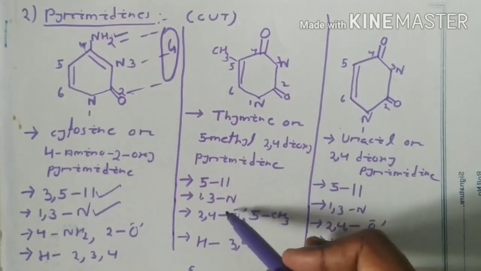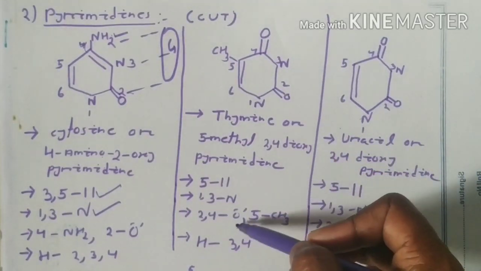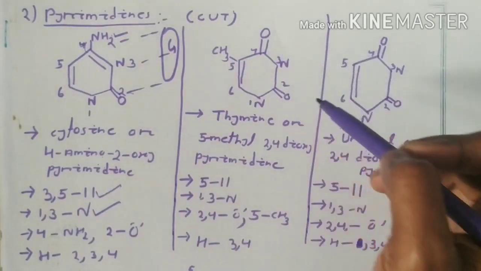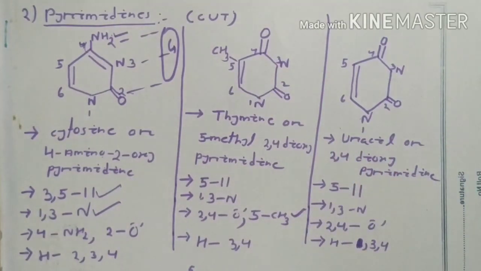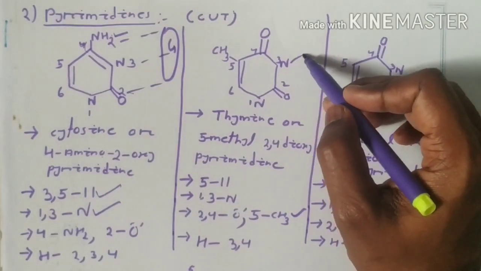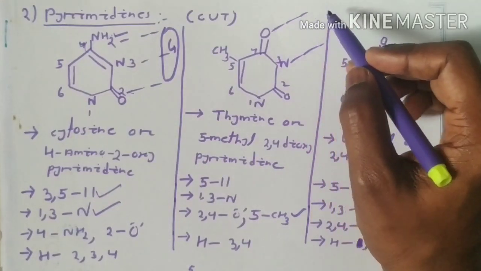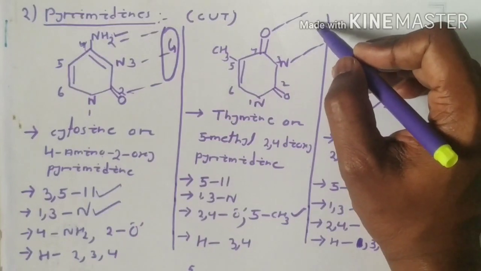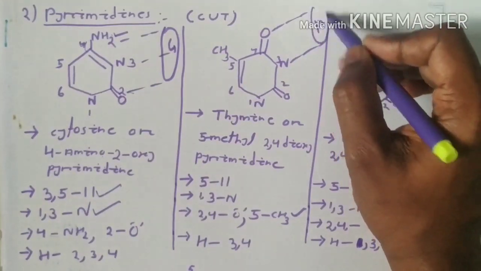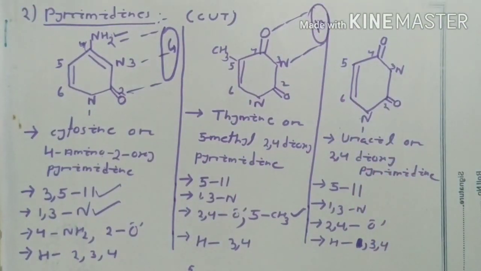At the 1 and 3 positions there is nitrogen, at the 2 and 4 positions there is oxygen, at the 5 position there is a methyl group attached, and the hydrogen bond is formed between the 3rd and 4th positions, that is this 3rd nitrogen and 4th oxygen, and this T forms 2 hydrogen bonds with A.